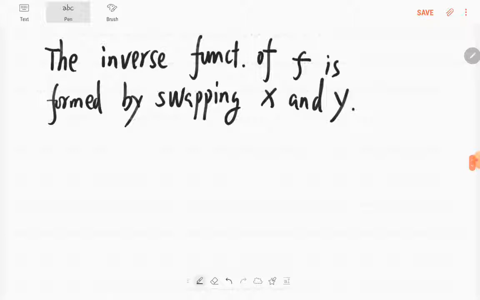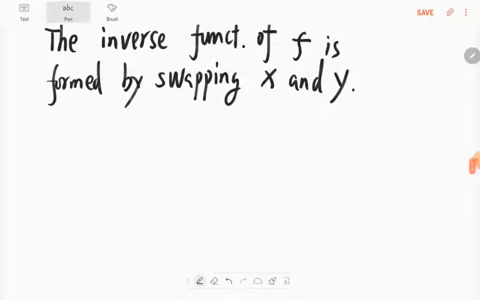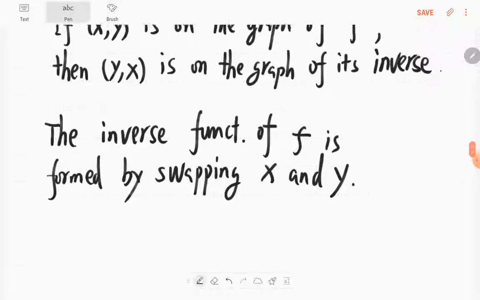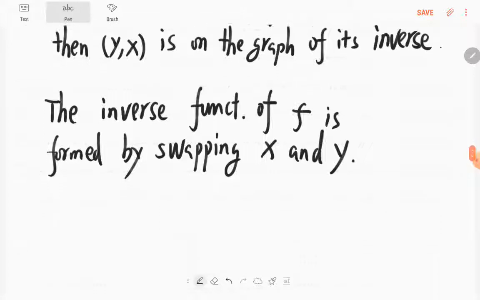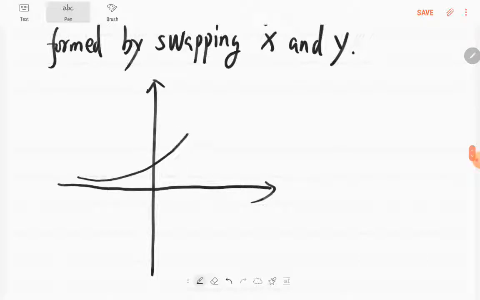So why do we want to introduce an inverse function? Since we just interchanged x and y, if this is the curve of the function y equals f(x), and this is the point (A, B), then we know that the point (B, A) would be on its inverse function.